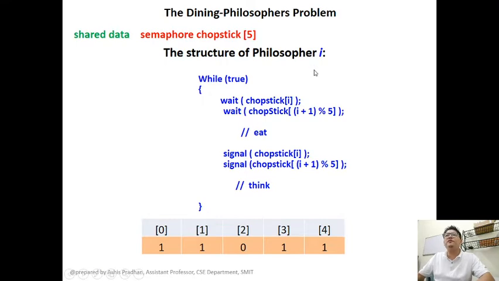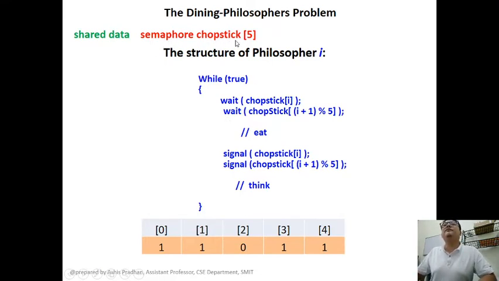Whenever any philosopher is picking a chopstick, it will pick the current location. So I is 2, and the next one will be the next immediate one. It's not necessary that it has to pick this one; you may rearrange the formula in such a way that it can pick the other one. So it's up to the implementer. This is one of the solutions.